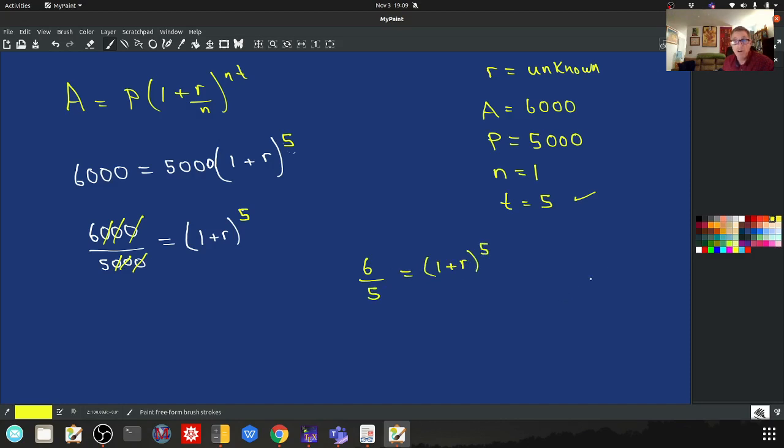So how do we solve this? Because our unknown is locked up in here. So what we do is we raise both sides to the 1/5, or we take the 5th root. It's the same thing.